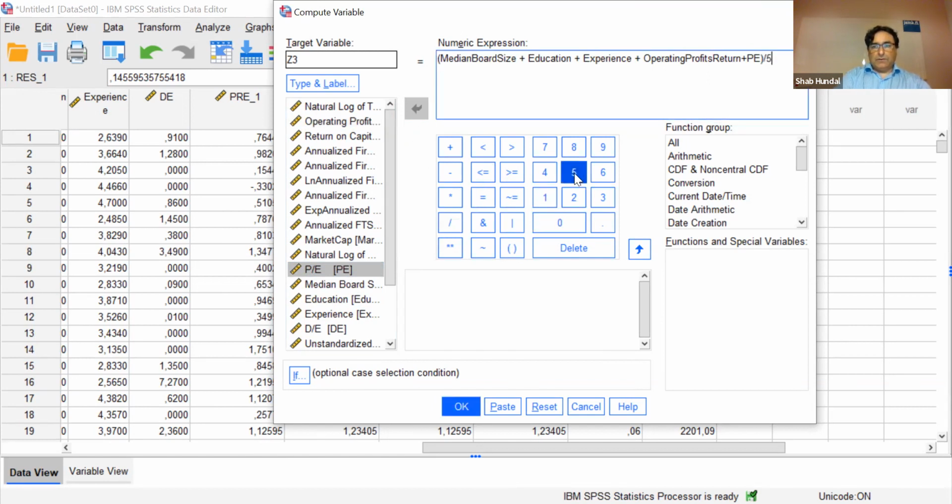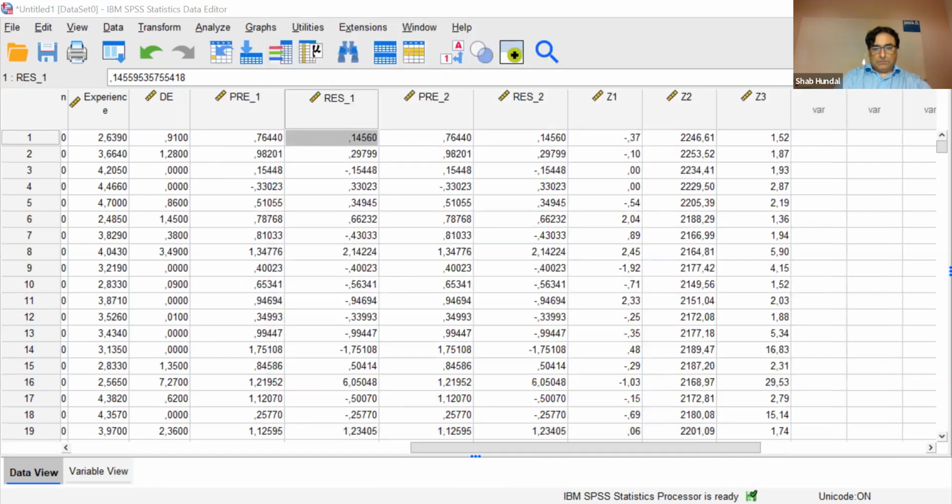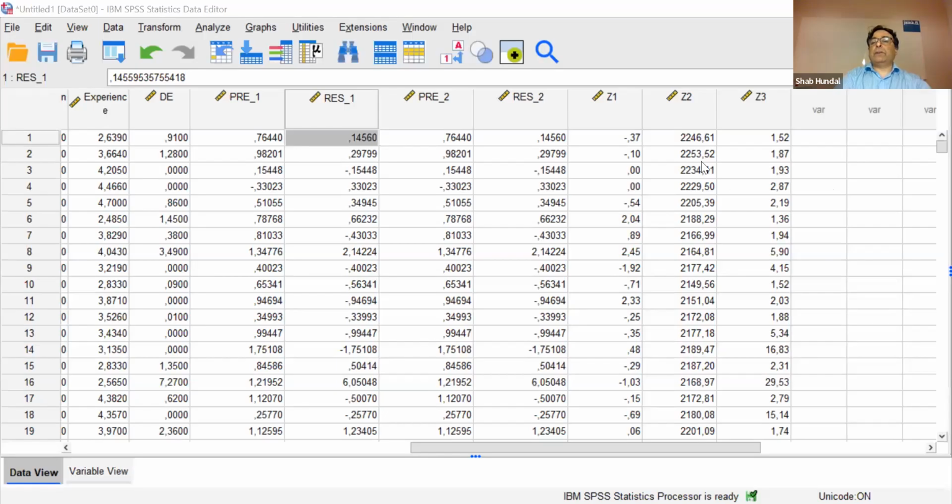We divide by 5, and now if I once again stop sharing my screen, you can see that we have now 3 factors, right? There might be some limitation in the calculation process, but this is the procedural part.